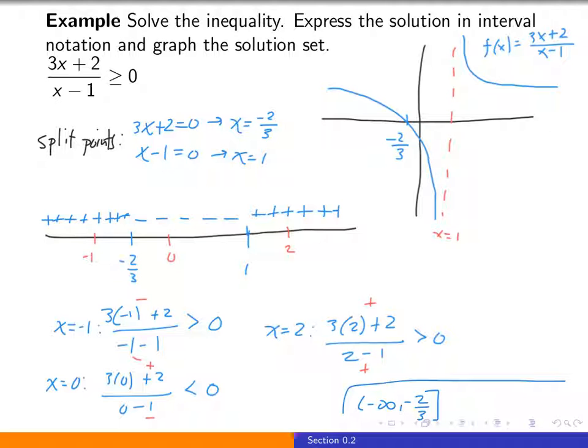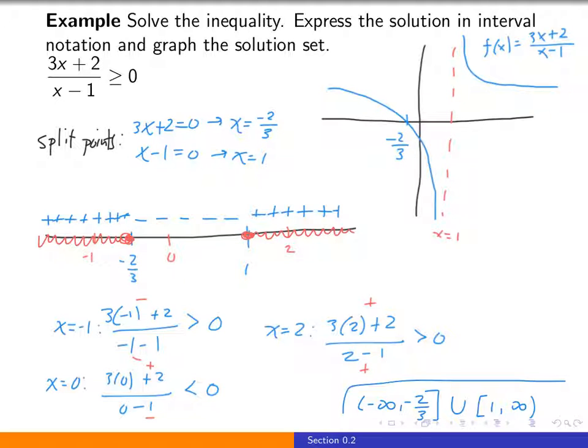And then we also need, so we're going to union this, 1 up to positive infinity. And in terms of sketching a solution set, we can shade in on the number line that we have above. And we make sure that we draw solid circles at minus 2/3 and 1 because they are included in our solution set.